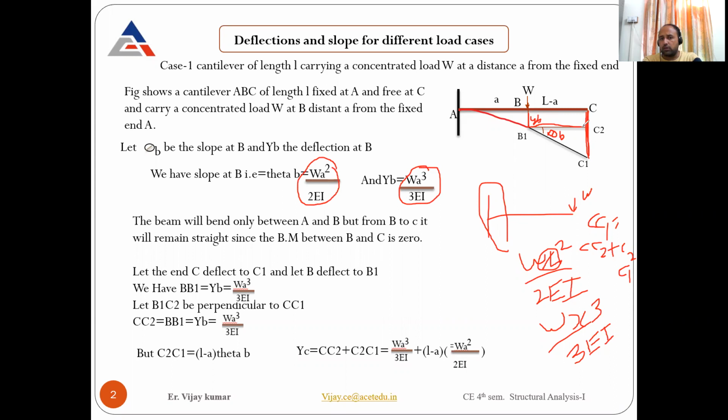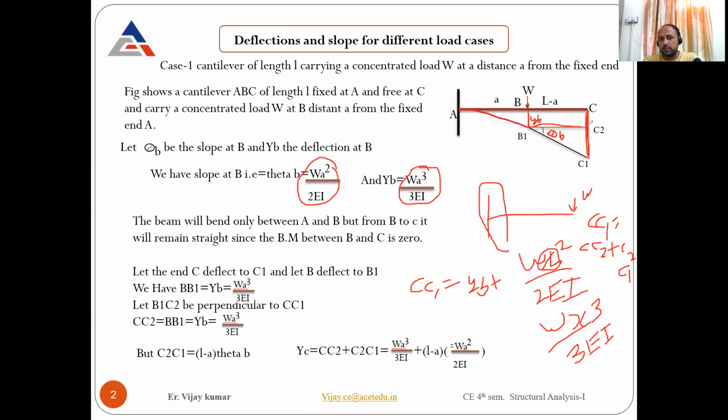I draw a perpendicular, so I can say that YB will be equal to CC2. So CC1, the distance I need to find, will be equal to YB plus C2C1.